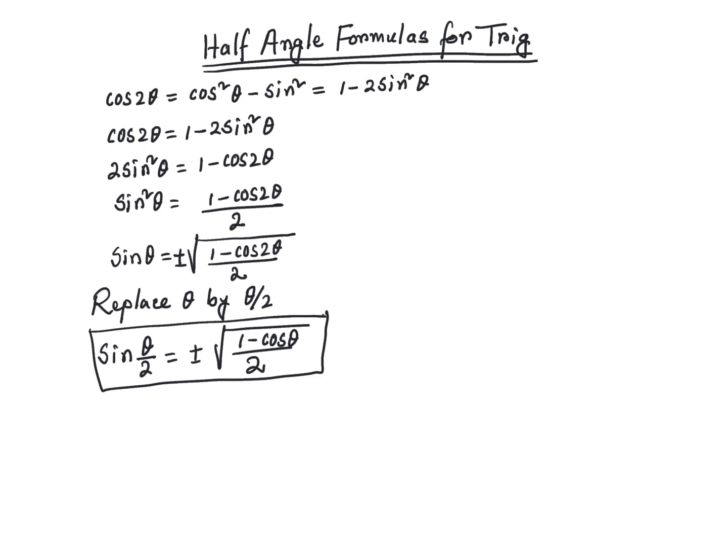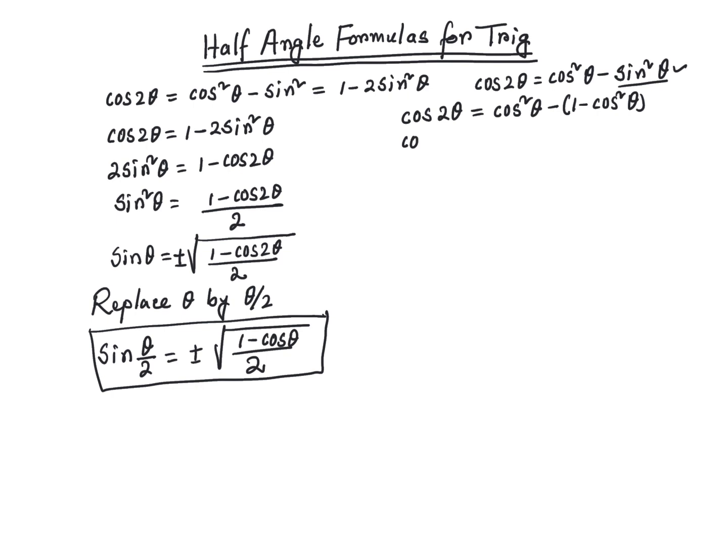Similarly, I could derive one for cosine. So from the cosine of 2 theta, cosine of 2 theta is equal to cosine squared of theta minus sine squared of theta. If I replace sine squared of theta by 1 minus cosine squared of theta, I get cosine of 2 theta is equal to cosine squared of theta minus 1 minus cosine squared of theta.